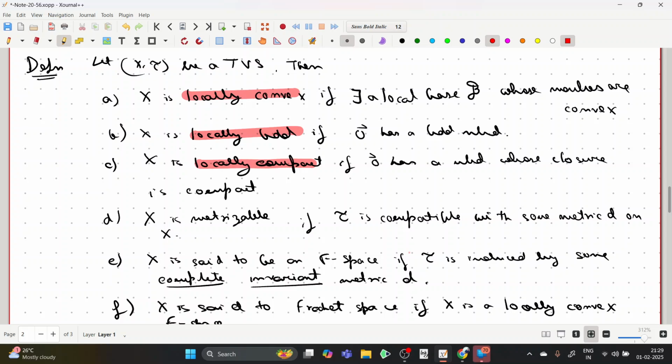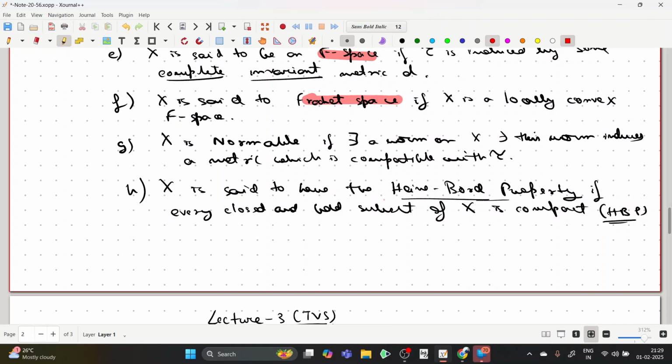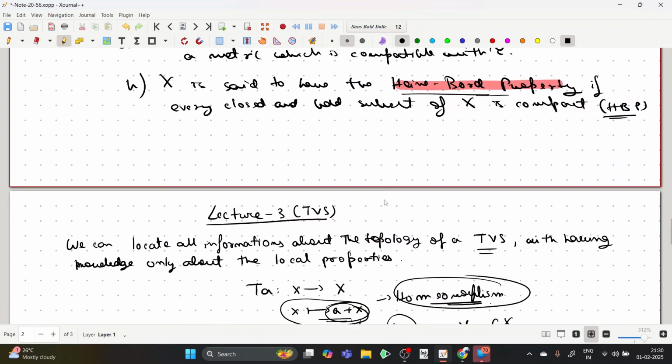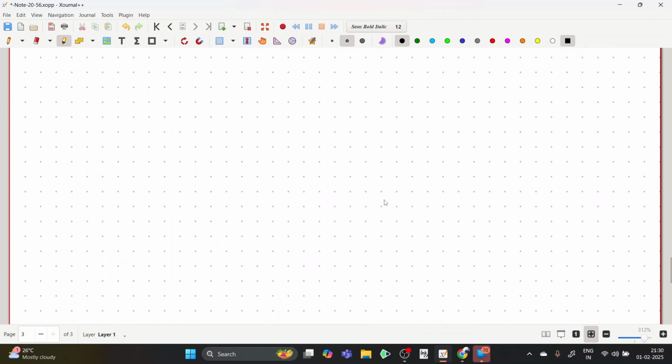When is X metrizable, that is, when can I find a metric compatible with the topology already endowed on it? Then what is an F space, what is a Frechet space? Frechet was the godfather of metric spaces. When is a space said to be normable, that is, when can I find a norm which is compatible with a metric, and the metric is compatible with the already endowed topology? And when is X said to have the Heine-Borel property, or the HBP? Now there are certain relations between these properties which we will not prove immediately, but we will come to them later.